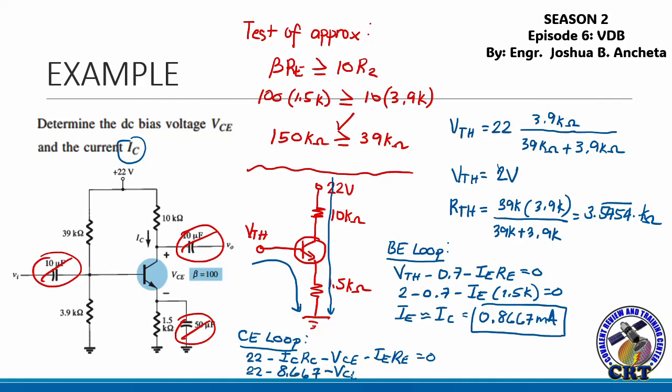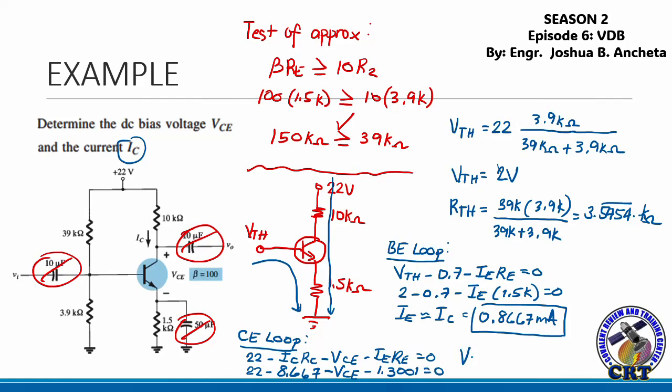Minus VCE, this is the unknown. Minus IE RE, so direct that in our calculator: 0.8667 milliampere times 1.5 kilo ohms, and this is 1.3001 in 4 decimal places, equals 0.